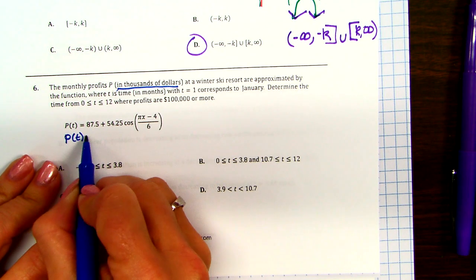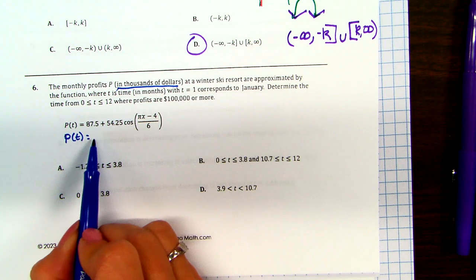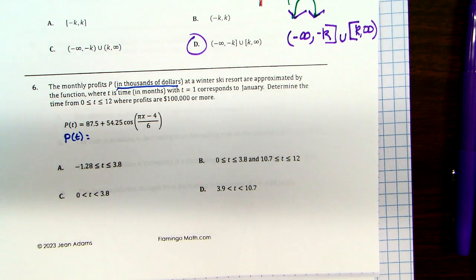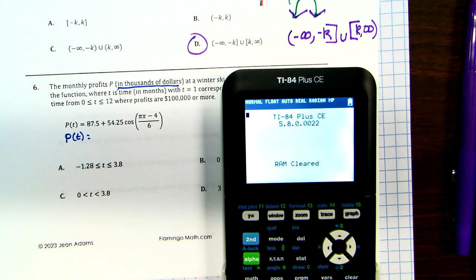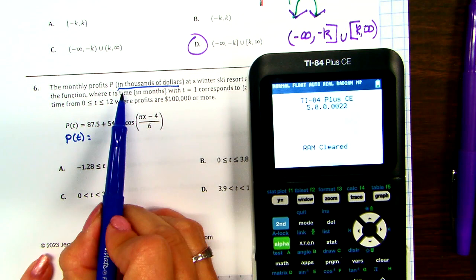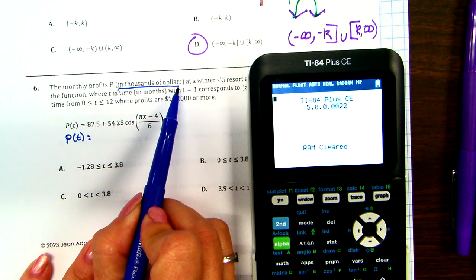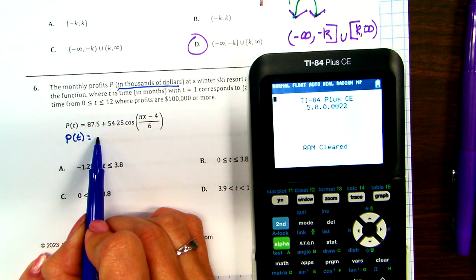I kept typing in 100,000 here, and I couldn't, for the life of me, find the intersection. I spent way too much time playing with my window and it wasn't there. Then I went and asked Ms. Springer, and she reminded me that it says in thousands of dollars. So what, instead of 100,000, do you think I should have typed here?